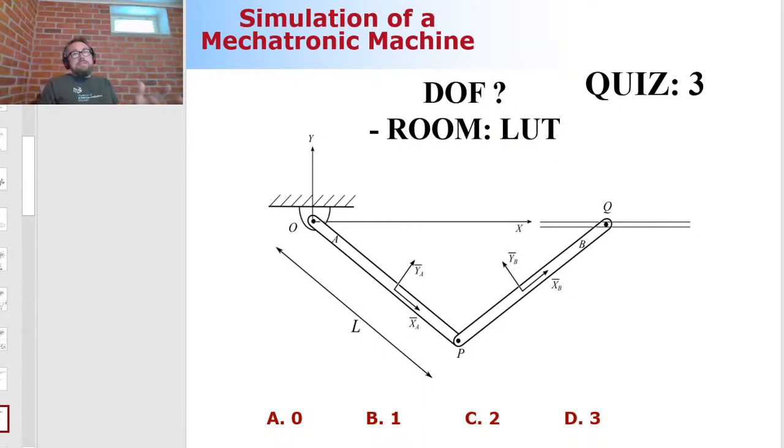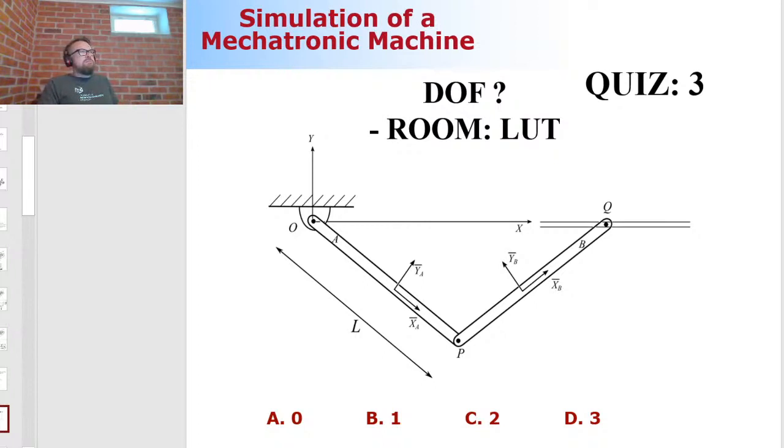Okay, so my question is this. This system here, how many degrees of freedom does it have? Remember what we discussed during the break? Remember what we discussed in the case of the first in-class quiz? Memorize that, and you're going to do really, really good.